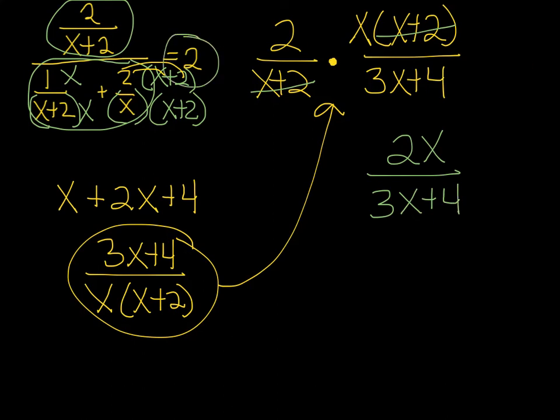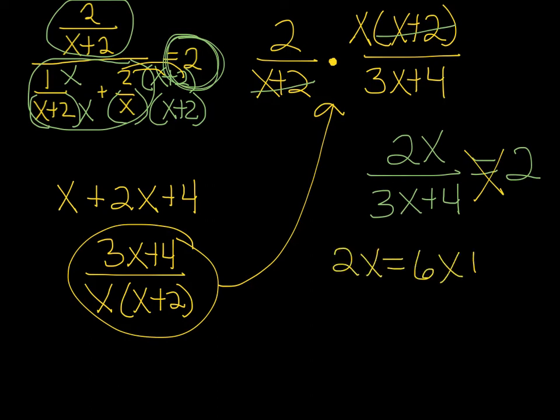But we've got to remember that we're equaling 2 here, so equals 2. So now, since it's just one thing equals one thing, I can cross multiply this, and I get 2x equals 6x plus 8. And 2x minus 6x is negative 4x equals 8. So x equals negative 2.